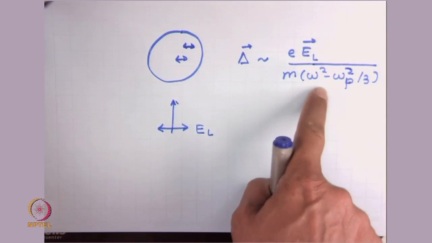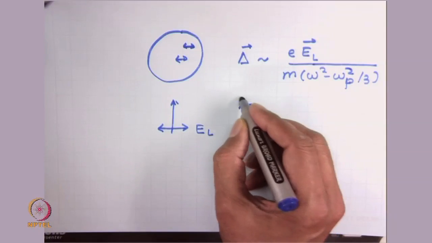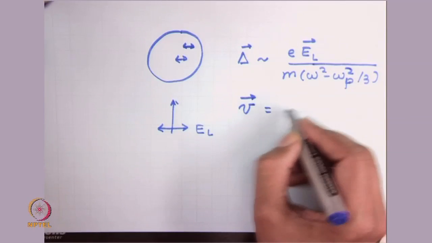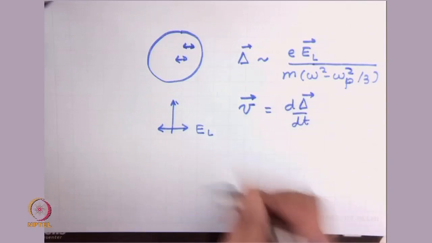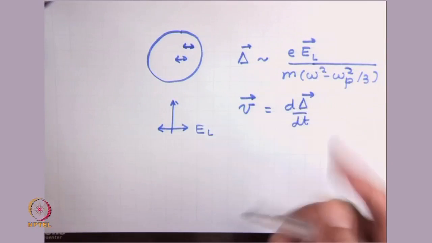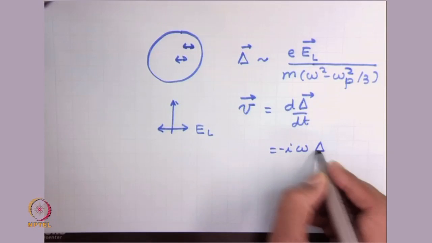So, there is an enhancement in this quantity. And how about the velocity of oscillation of this electron cloud, which is equal to d delta by dt, the rate of change of displacement, where delta is the displacement. So, this is equal to i omega into delta.